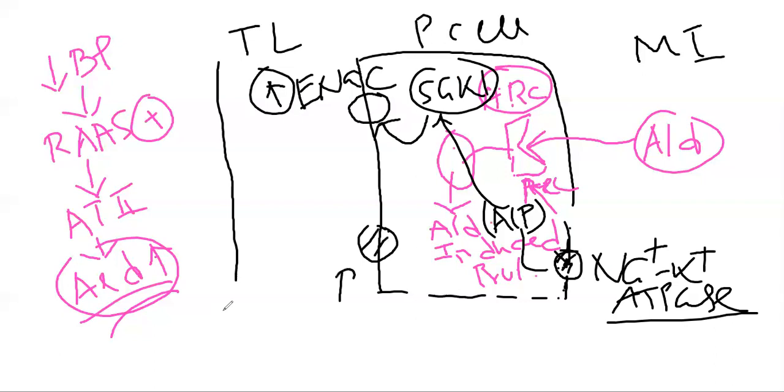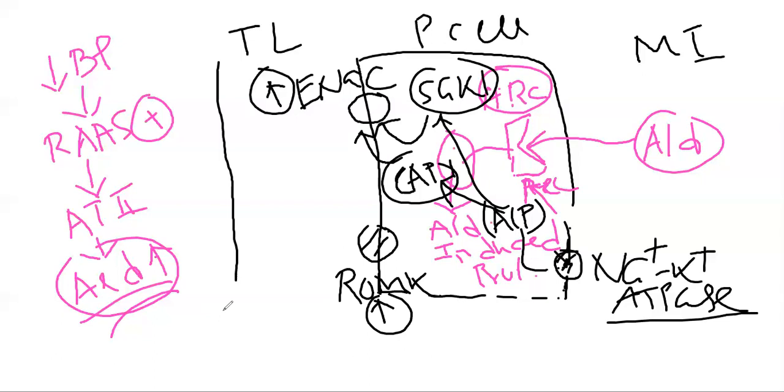So the ROMK channel will be increased in number by this SGK1, and also aldosterone induced protein will increase expression of the channel activated proteases 1, which in turn helps to increase expression of this ENaC channel.